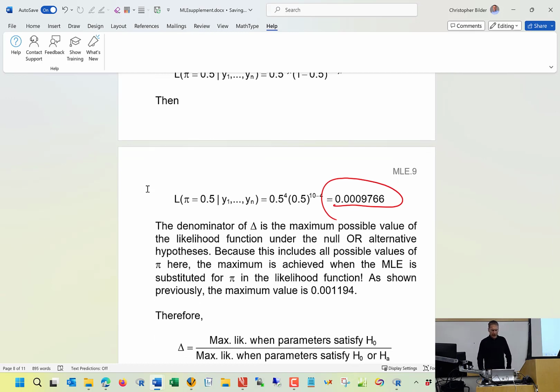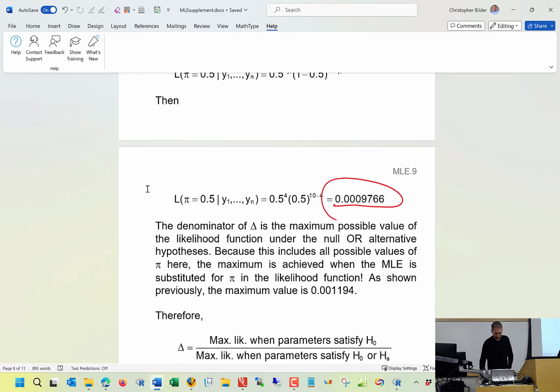Now in the denominator, I need to find the maximum possible value of the likelihood function when parameters satisfy H0 or HA. H0 is pi is equal to 0.5. HA, pi does not equal 0.5. So the range of possible values of pi is 0 to 1. Well, what is that maximum possible value of the likelihood function? We've already found it, because that's when we were finding the maximum likelihood estimator.